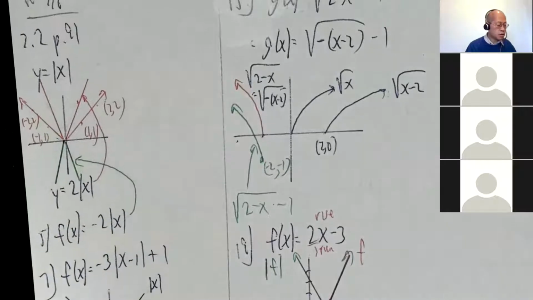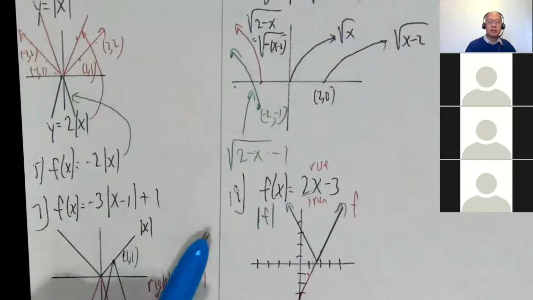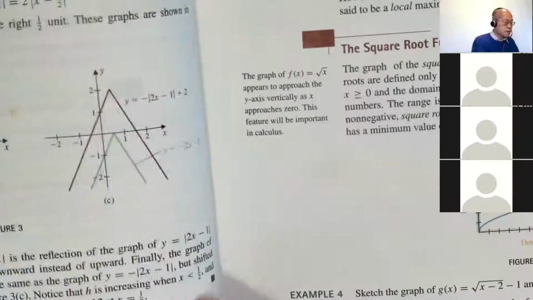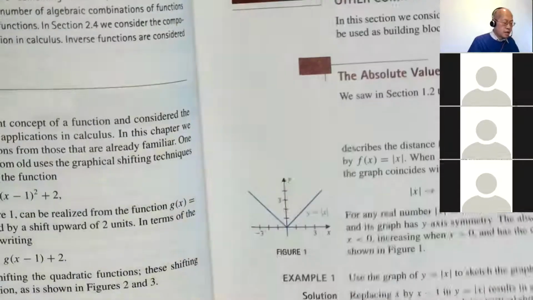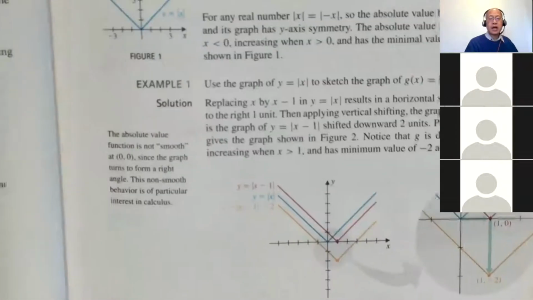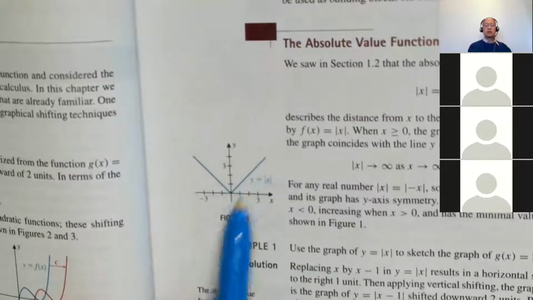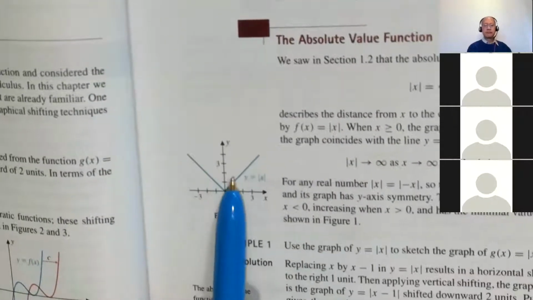Okay, a little bit more on absolute value. So starting with problem 19. Absolute value of a graph. Our basic absolute value function looks like this, V shape.